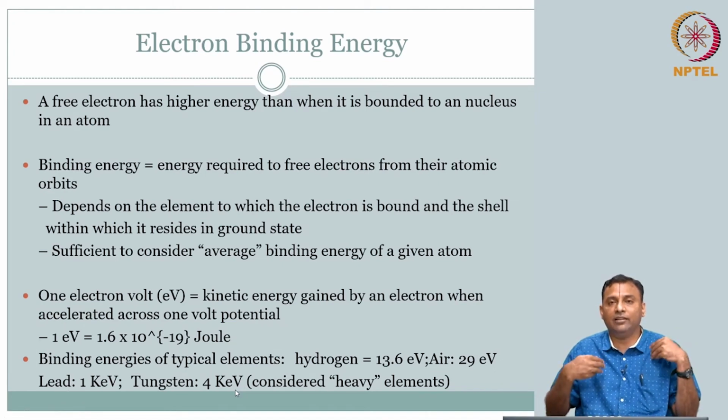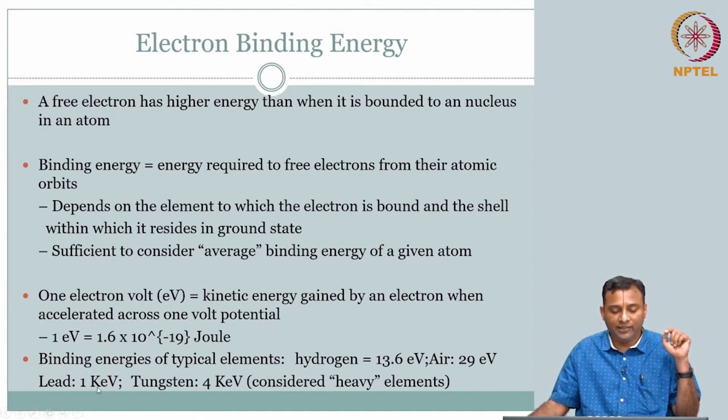Naturally, lead and tungsten are not inside us. So if you are talking about some energy that needs to be provided to free the electrons from hydrogen, I need only 13.6 electron volt.